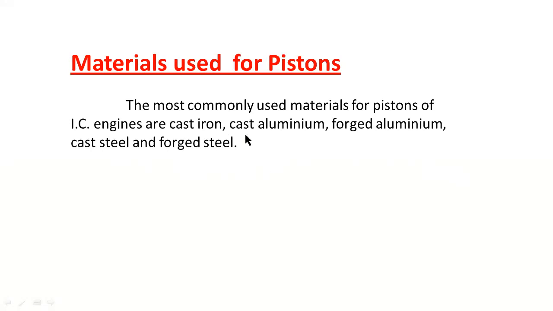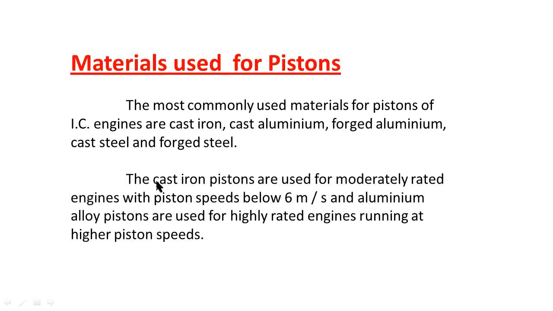For small engines, we use cast aluminum, whereas for large, big engines, we use cast iron. The cast iron pistons are used for moderately rated engines with piston speeds below 6 meters per second, and aluminum alloy pistons are used for highly rated engines running at higher piston speeds.